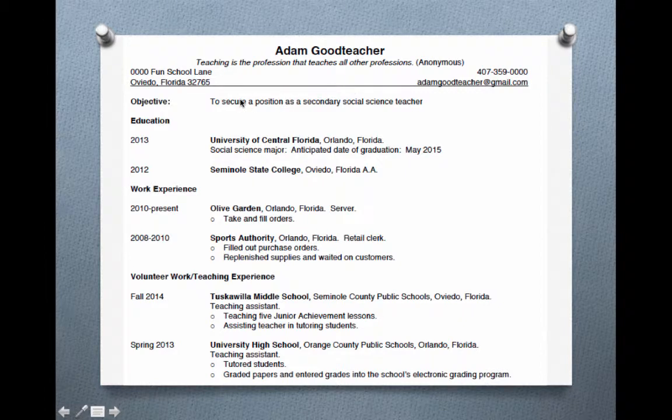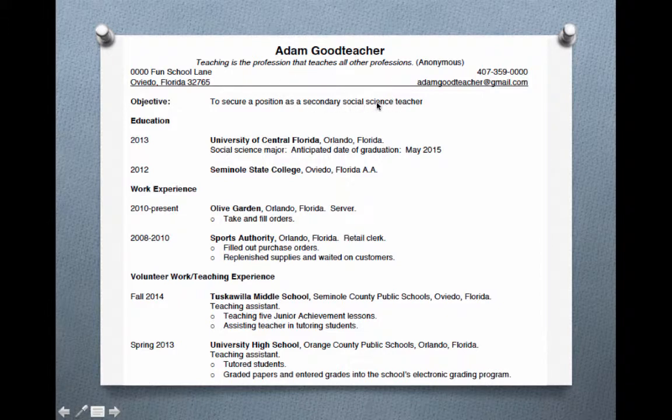Objective. When you apply for a teaching position, you will probably be applying to a specific position number via email. If that is the case, including the objective is probably not necessary. However, if you do include the objective, keep it short and direct.